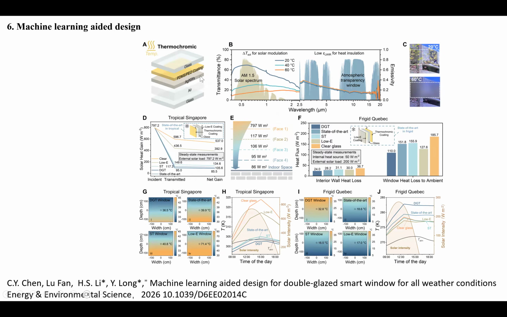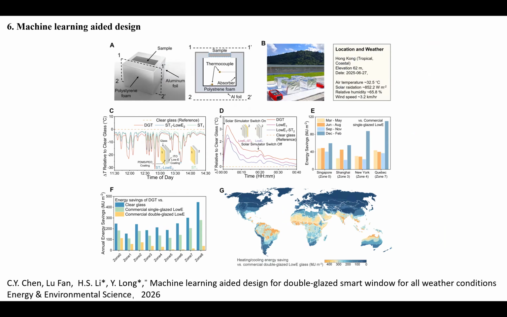We also fabricated a few smart materials using this thermochromic material, but on top we gave them a low emission, no emission coating. By doing so, and with a lot of simulation, we proved that such a design gets much better energy saving.